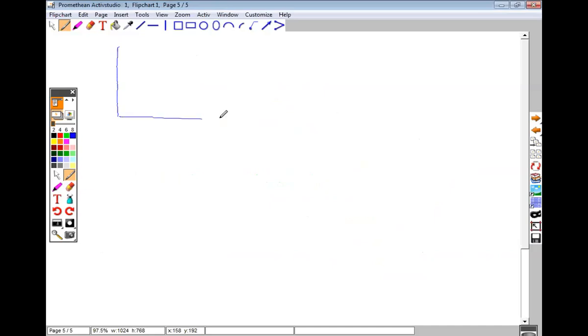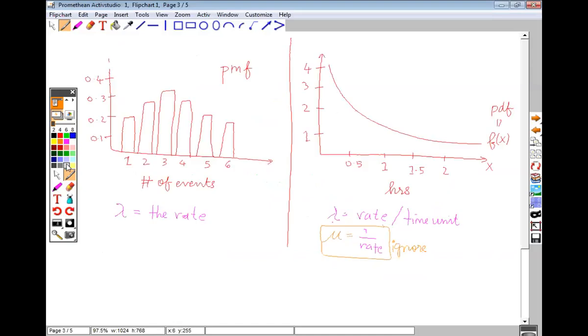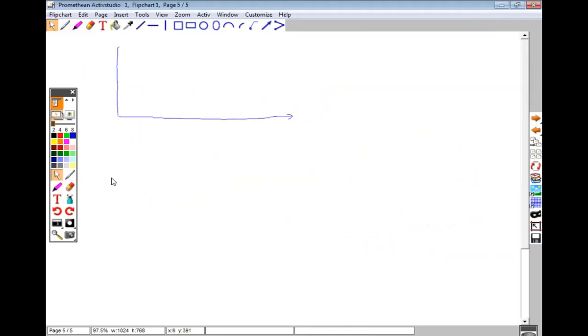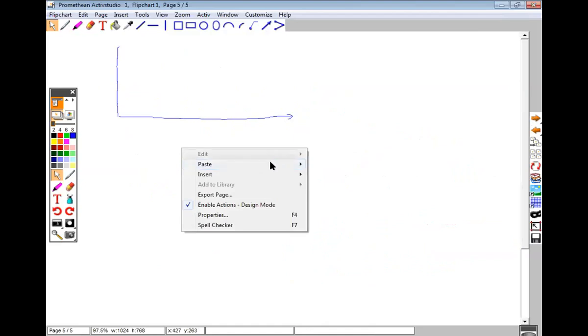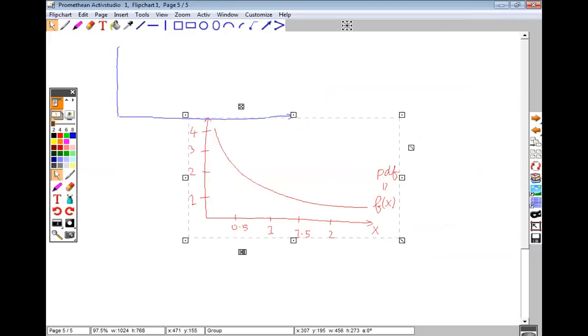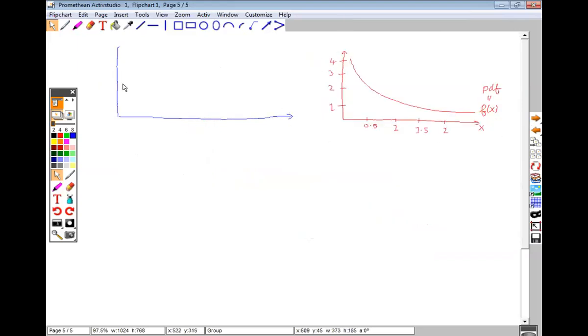I have this graph here and I have certain questions about it.